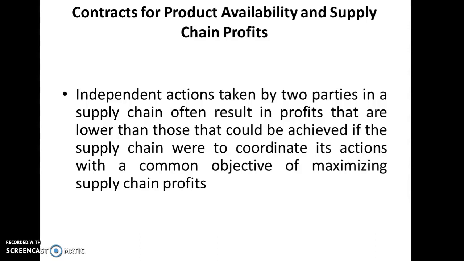So, what is the essence of this statement? If the two parties work together with a higher coordination, they will get more profit than if they work independently on maximizing their profit. So both the parties have to work together with a very high level of coordination so that they can achieve the common objective of maximizing the profit.